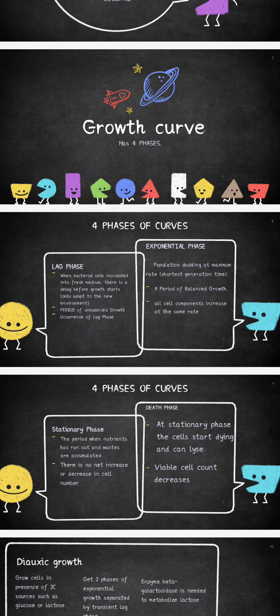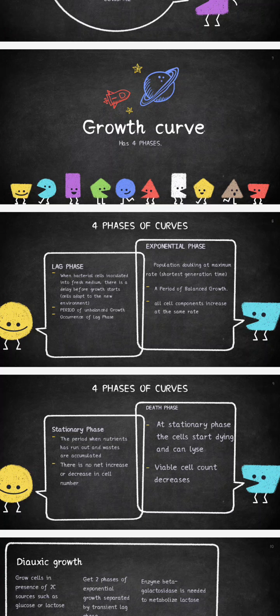Phases of bacterial cell life. The first phase is your lag phase. When bacterial cells are inoculated into fresh medium, there is a delay before growth starts and cells adapt to the new environment.